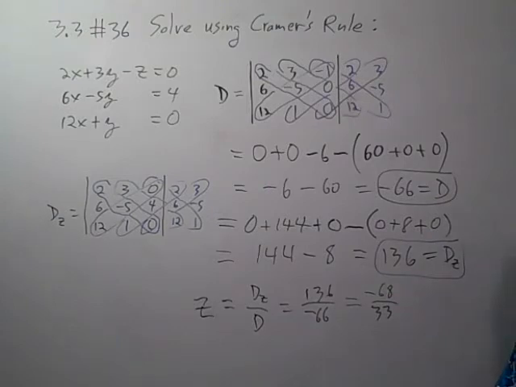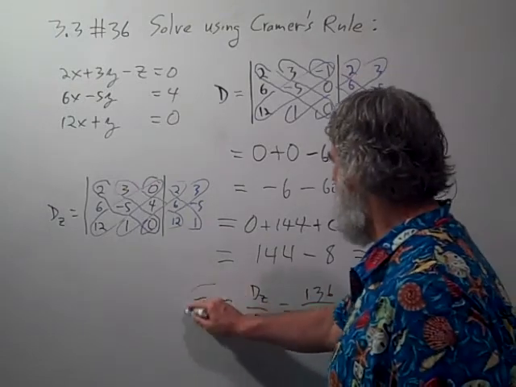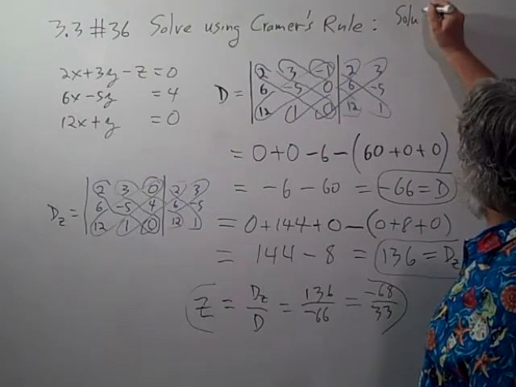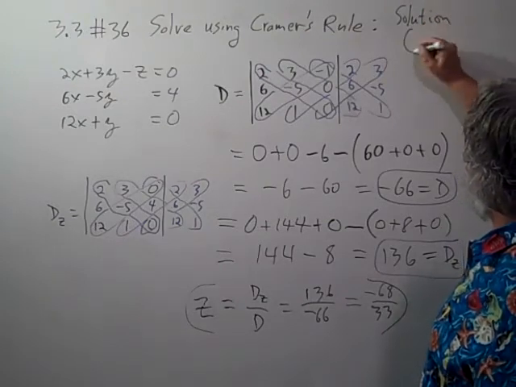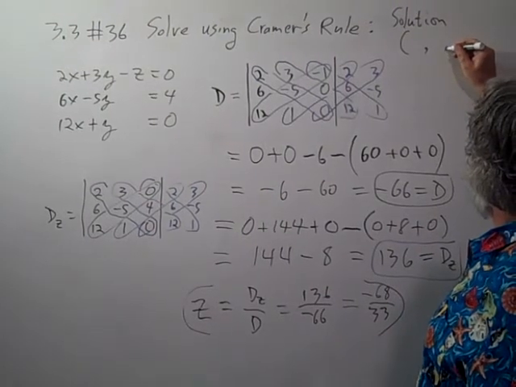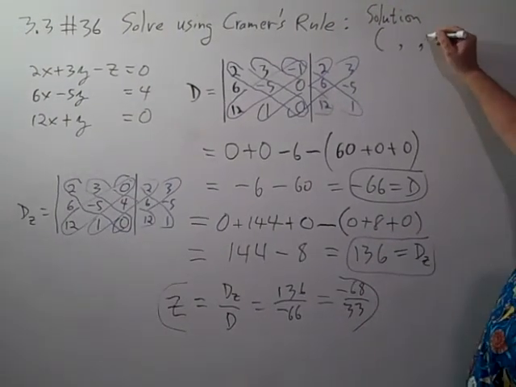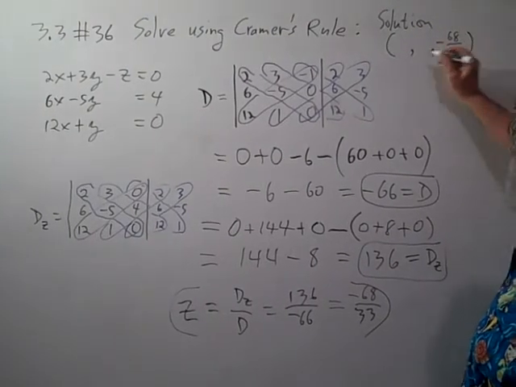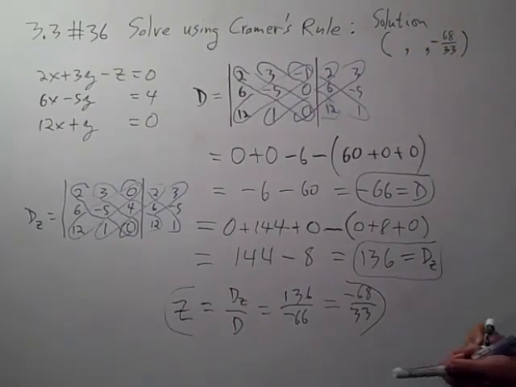And looks like we're done. So that's the z coordinate. Let's write the solution up here. We don't know what x is yet. We don't know what y is yet. But we know what z is. Negative 68 divided by 33. So we still have to find x and y.